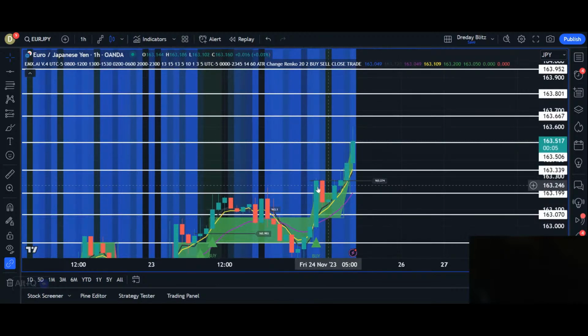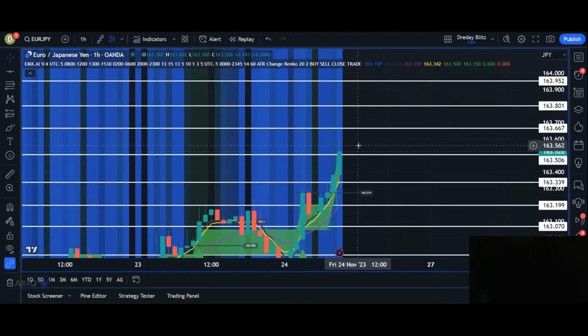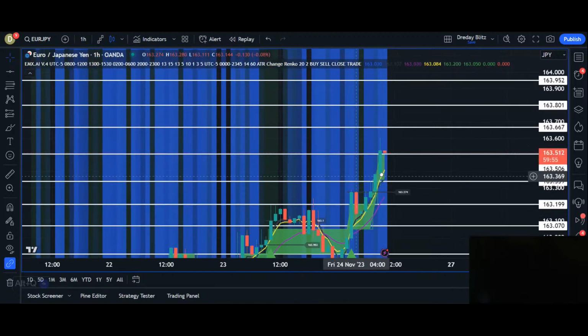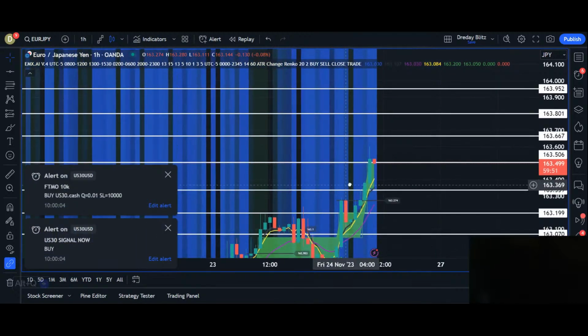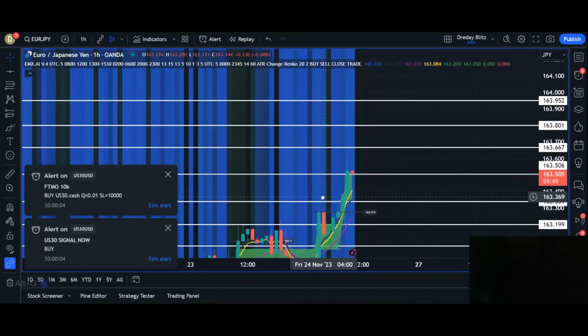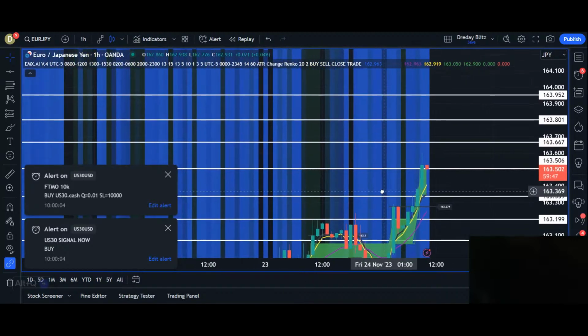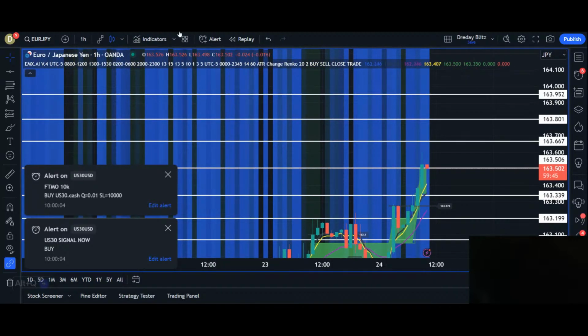If you have taken that trade here, your first TP will be here, second one will be here, third one will be this zone right here. So if you're already in profit, it depends exactly on how you trade. Make sure to secure some partial profit, and then you let the rest ride out until the next reversal zone.